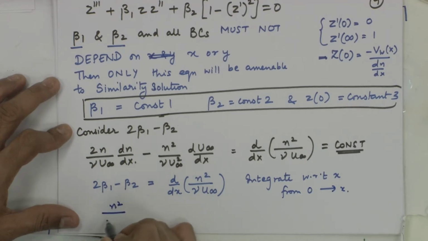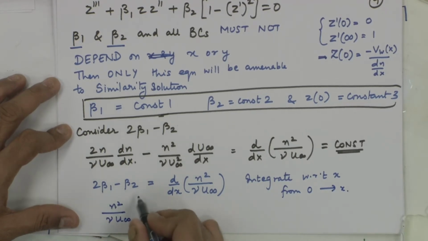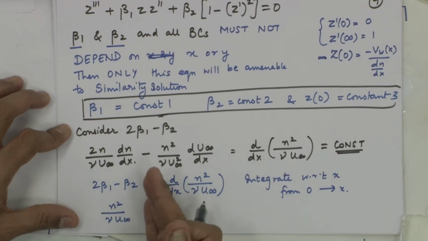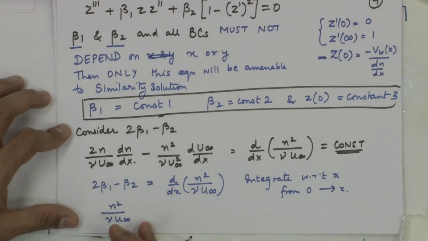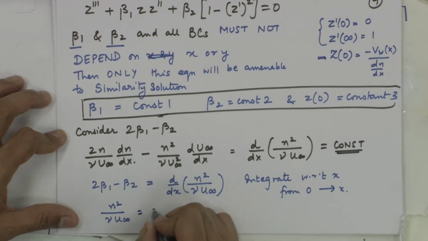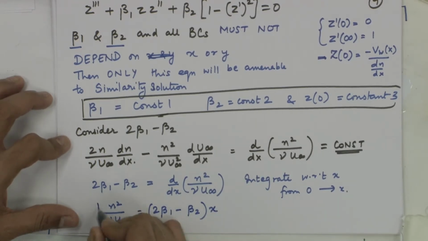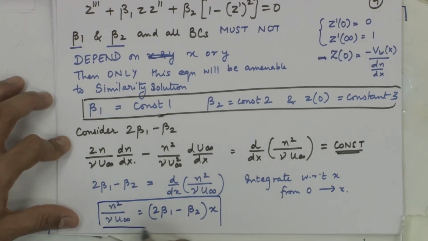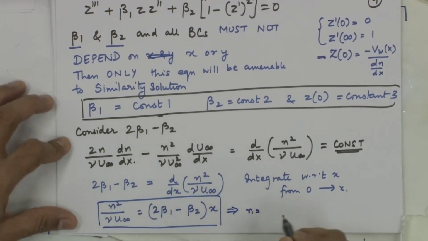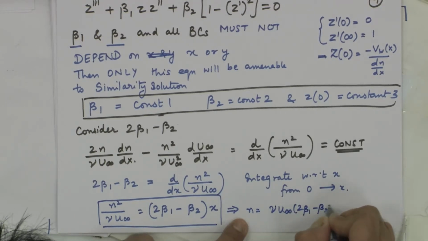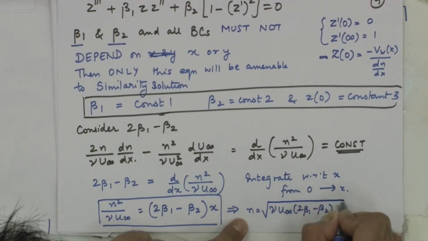N squared by nu u infinity evaluated between 0 and x will just give me n squared by nu u infinity, because at 0 this whole thing is going to be 0. Right hand side, 2 beta 1 minus beta 2 into simply x. Therefore, n is nothing but the square root of nu u infinity into 2 beta 1 minus beta 2 into x.